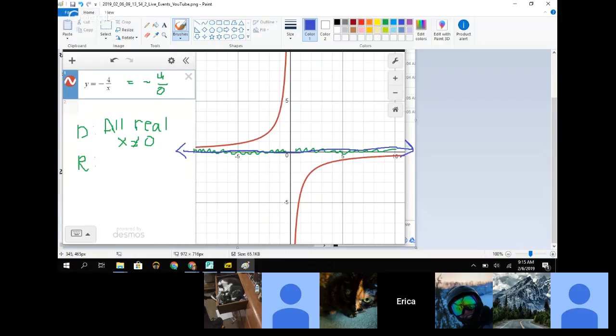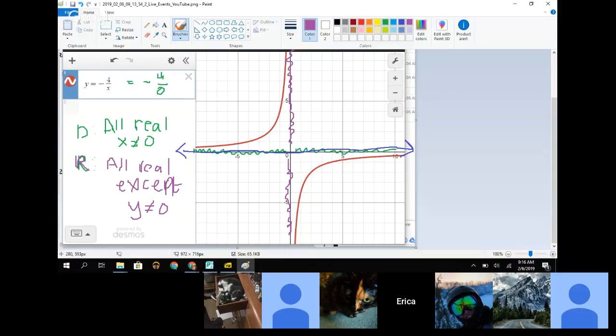Okay, so then if I go to the range, I'll do range in purple. The range is my y's. So kind of similar situation, right? When we get to y equals 0, we can't have that value. So our range is also going to be all real numbers except y cannot equal 0.